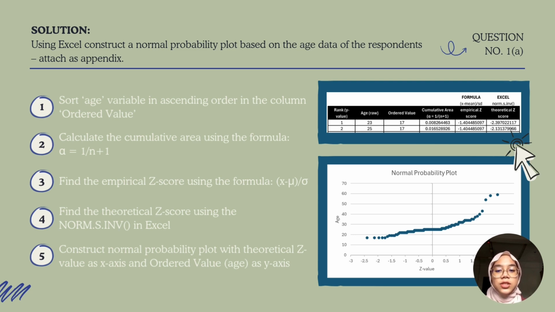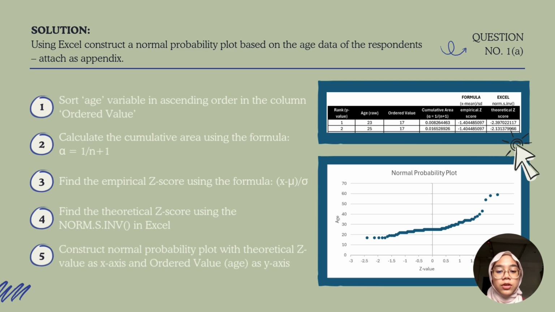First, I sort each variable in ascending order in the column which I name as ordered value. Next, I calculate the cumulative area using the formula alpha equals 1 over n plus 1. Next, I find the empirical z-score using the formula x minus mu over standard deviation, and I also find the theoretical z-score using the built-in function in Excel.